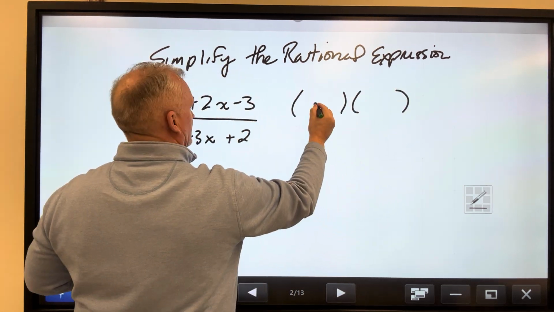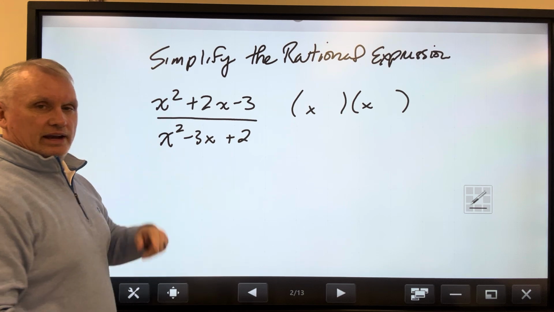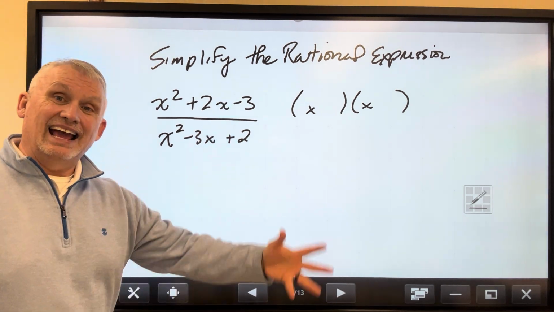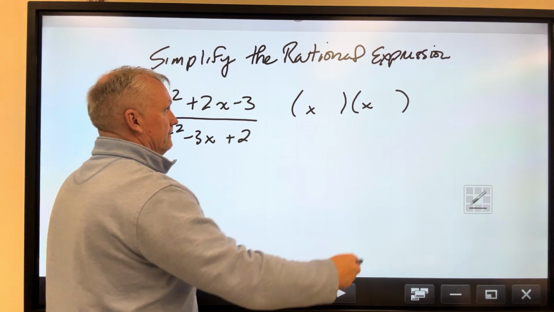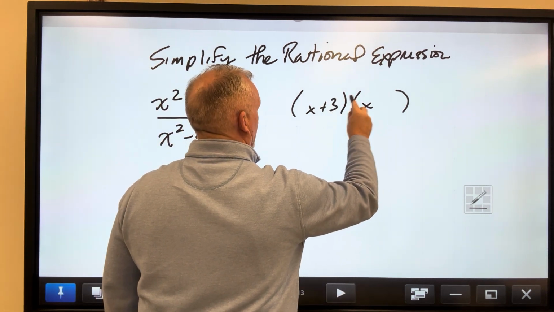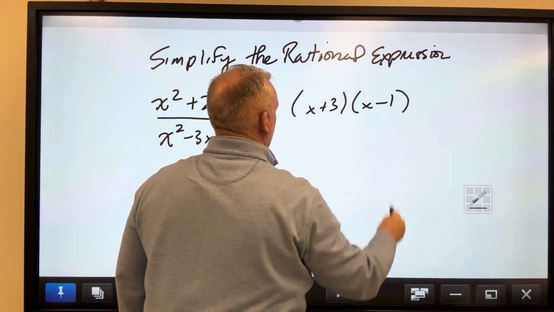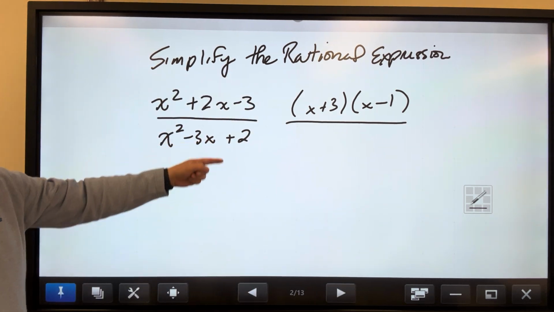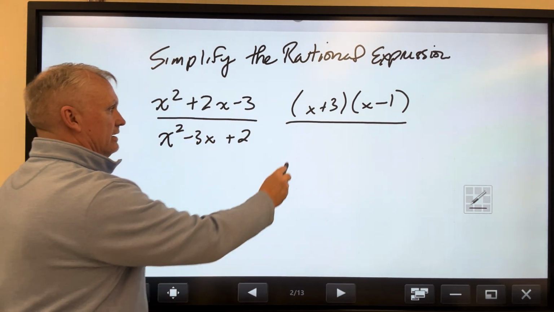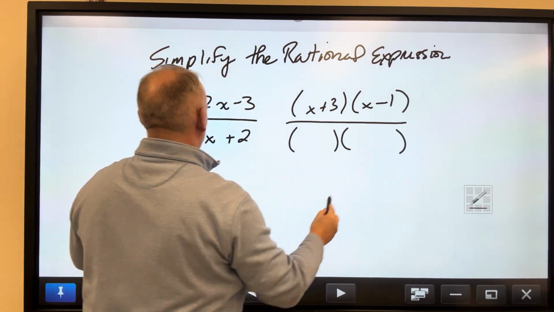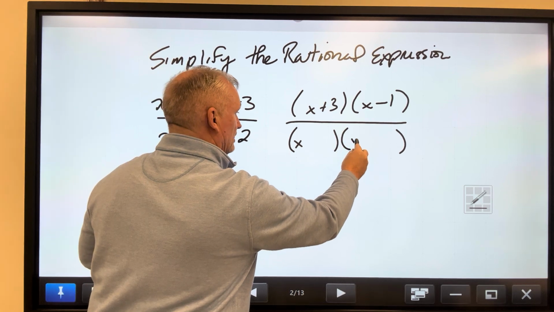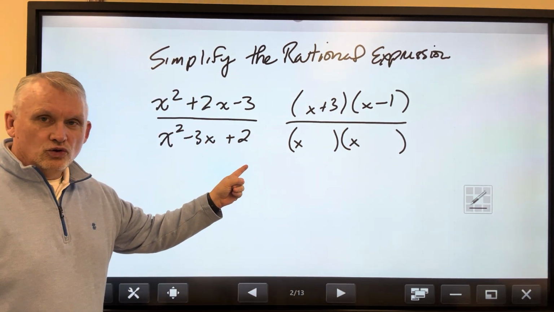The top, x and x, I can't do anything with x squared except x and x. The factors of negative 3 that add up to positive 2: plus 3, minus 1. Do this one down here. X squared is x and x. The factors of 2 that add up to negative 3.